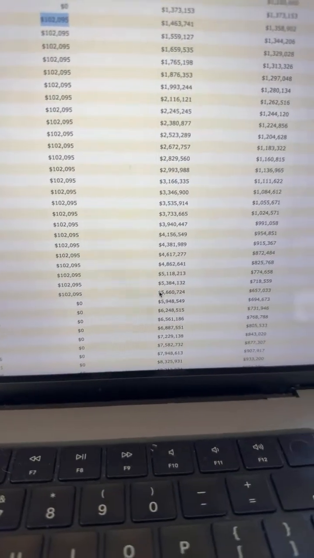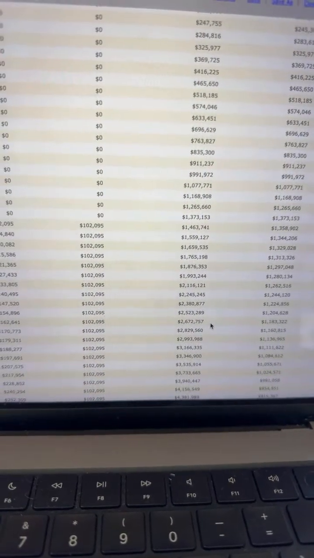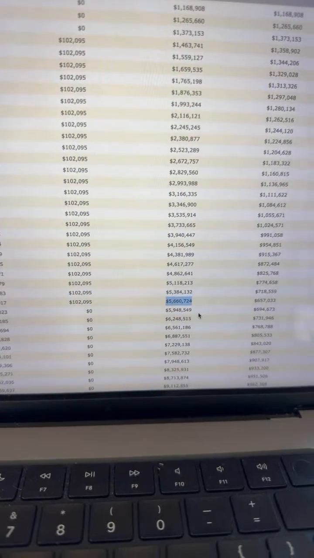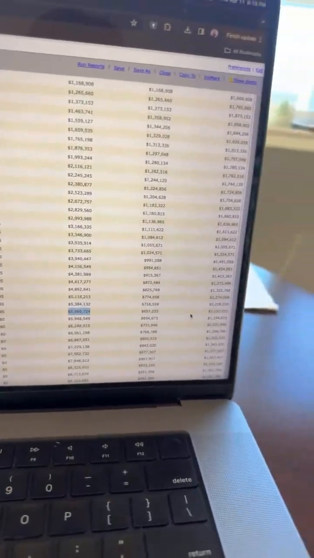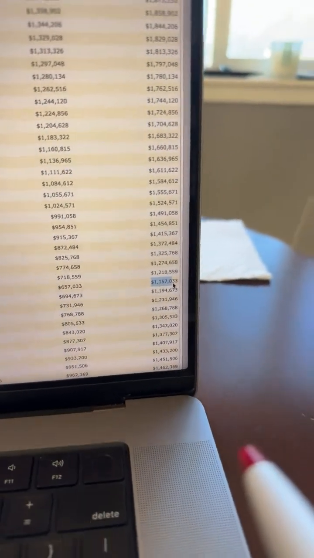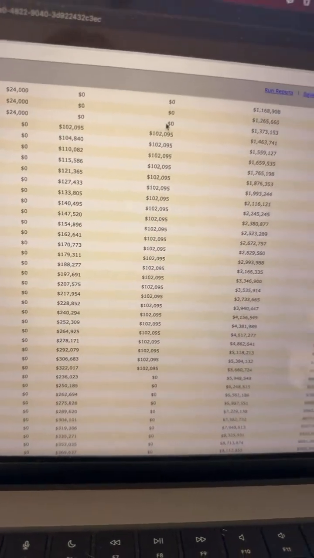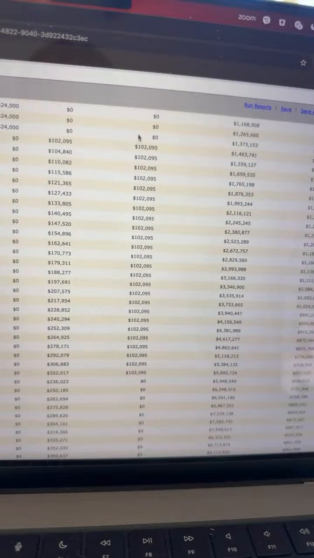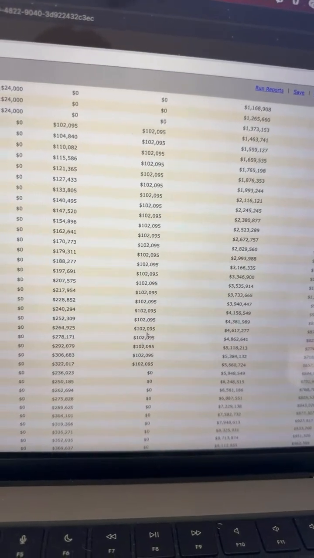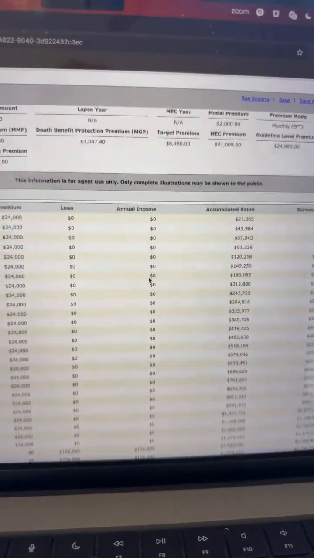So if we look at that, this would have essentially grown to over 5.6 million. If they died, their family would still get access to 1.157 million, and they would have taken out about 2.5 million, 100 grand for 25 years, about 2.5 million bucks. So it just shows you the different ways you can use it.